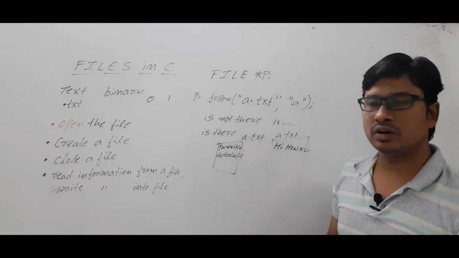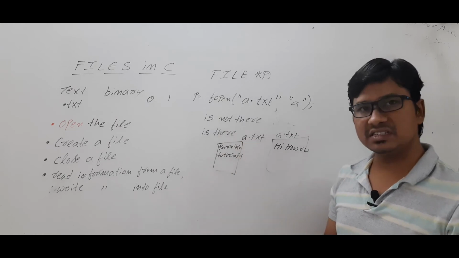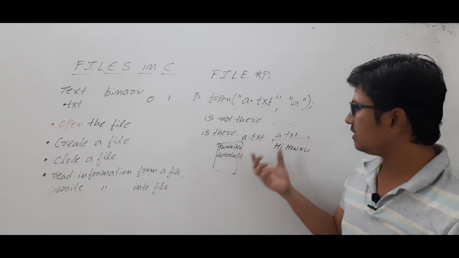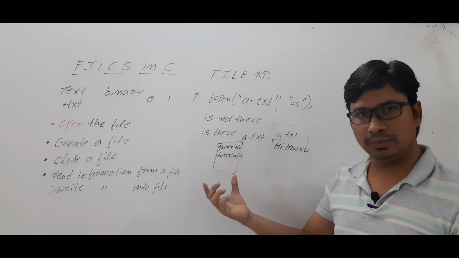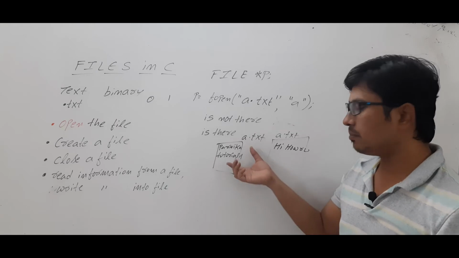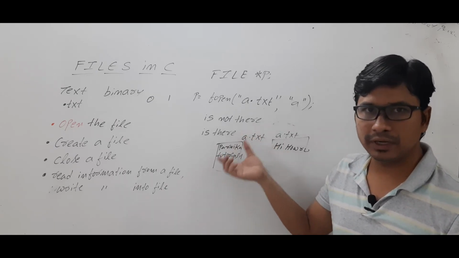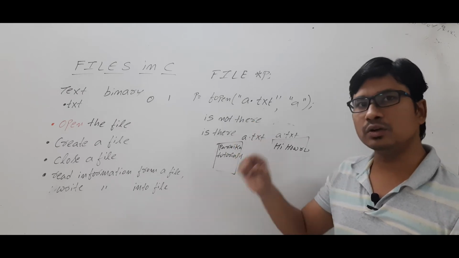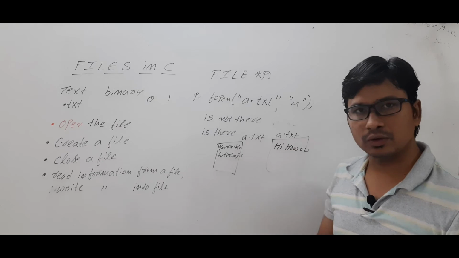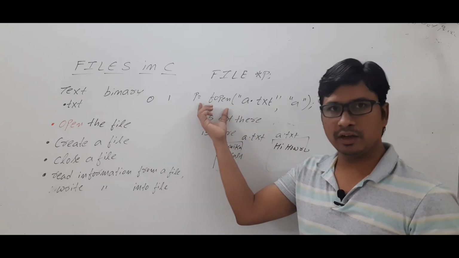If the file is there with some information such as Parnika tutorials, then in the write mode the file will be opened without any information, and the existing information will be lost. But in the append mode, whatever information is in the file will remain, and whatever new information you write will be appended after Parnika tutorials. I hope you have understood the purpose of the fopen function.